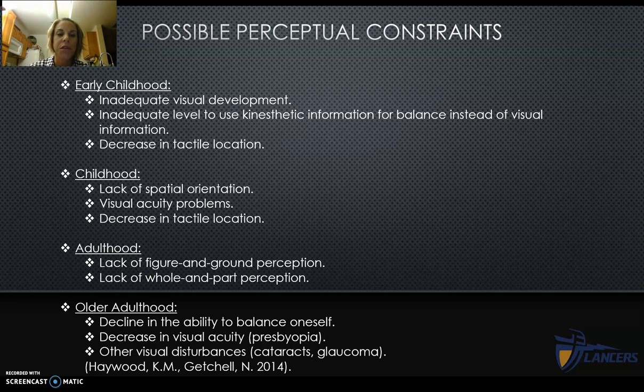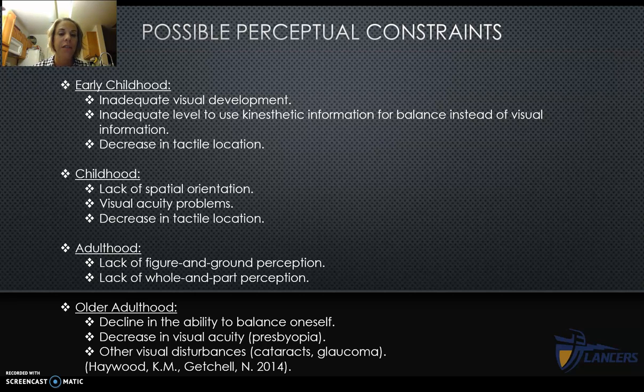Possible perceptual constraints. In early childhood, one can be inadequate visual development, inadequate ability to use kinesthetic information for balance instead of visual information. So they're not aware of their surroundings. They use more visual than, say, touch and feel. And then a decrease in tactile location.